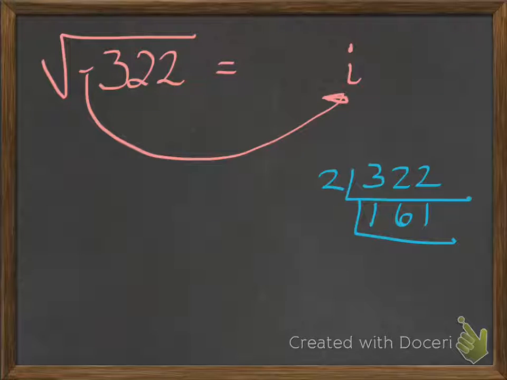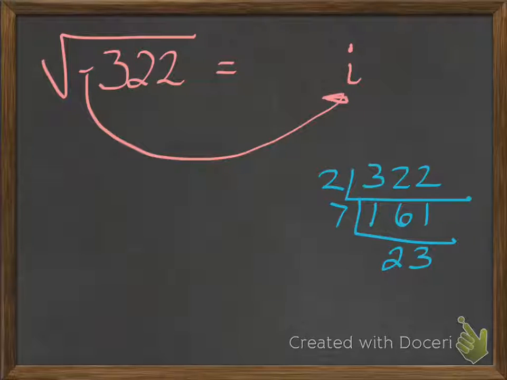And is 161 divisible by anything? It's not 3. It's divisible by 7, and that's divisible by 23. So there's no perfect squares for me to pull out.